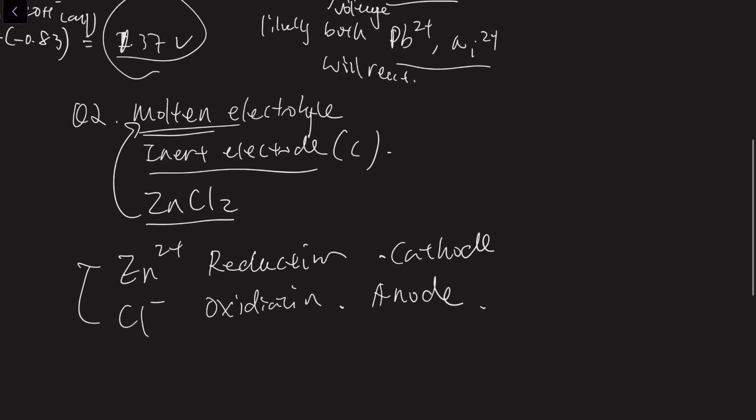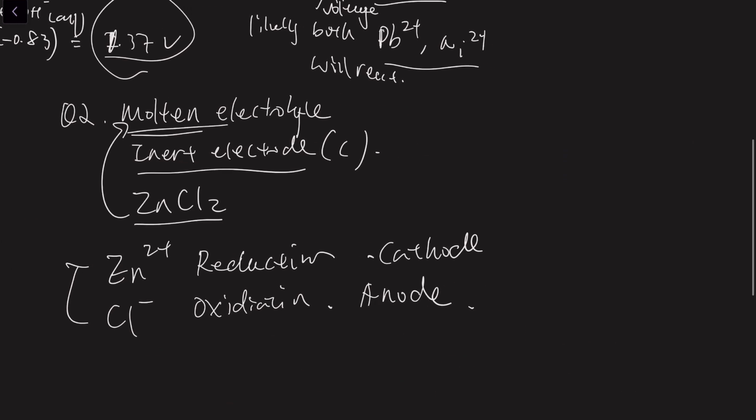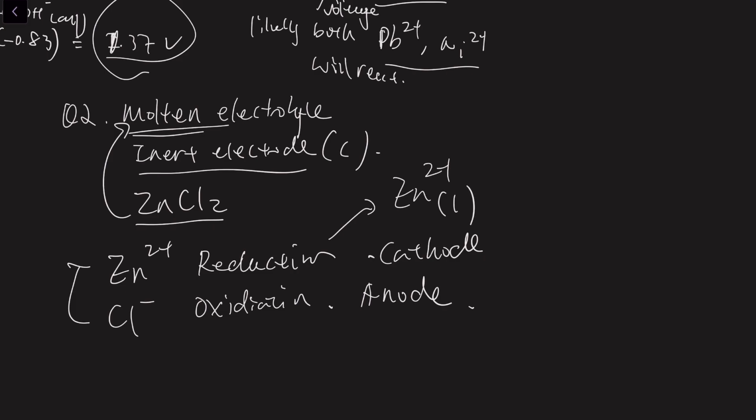So the reduction equation, you can just copy directly from the electrochemical series. Remember the state is liquid, not aqueous, because we have a molten electrolyte. Zinc can be solid or liquid, depending on the temperature.